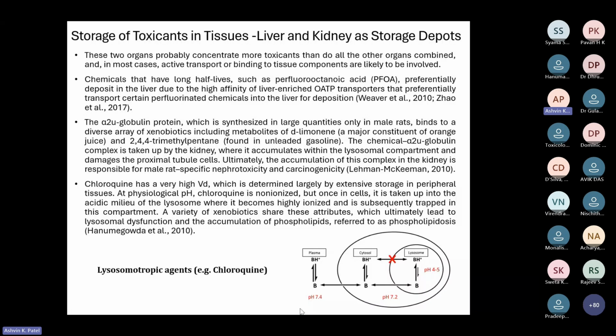A variety of xenobiotics are taken up this way, and it leads to phospholipidosis. Here is the mechanism. On the external side, the pH is 7.4. When it enters the cytoplasm, the pH is 7.4, but when it enters the lysosome, the pH of that medium is 4.5. So chloroquine is trapped in the lysosome, and it leads to a phospholipidosis condition.